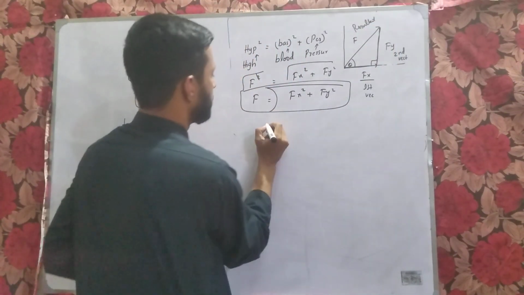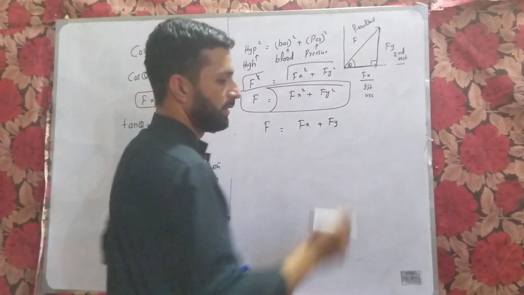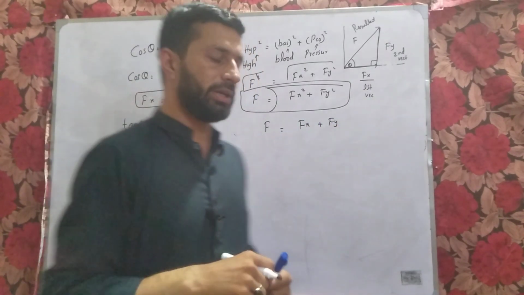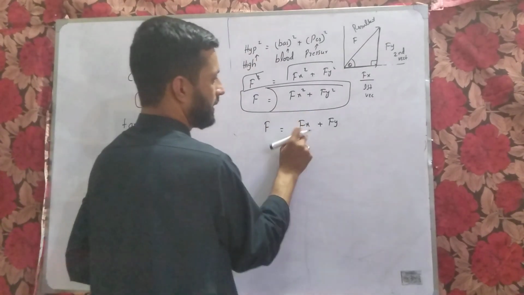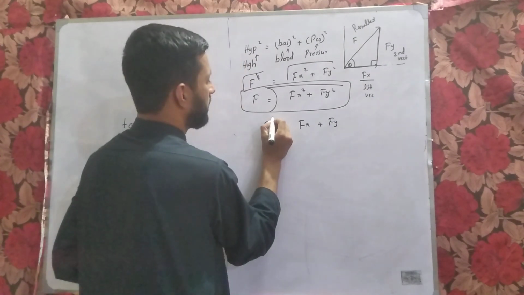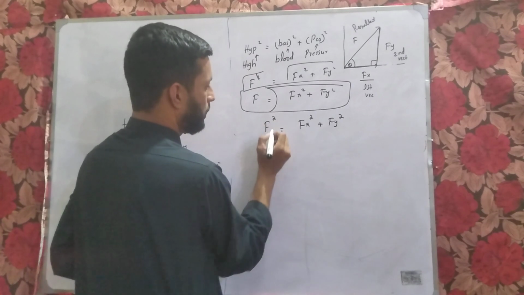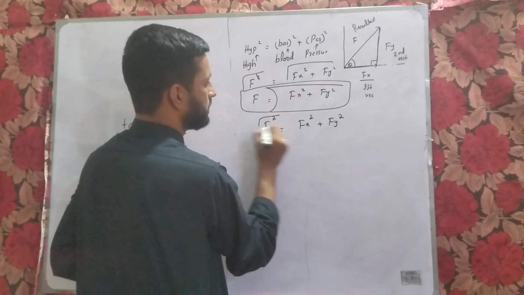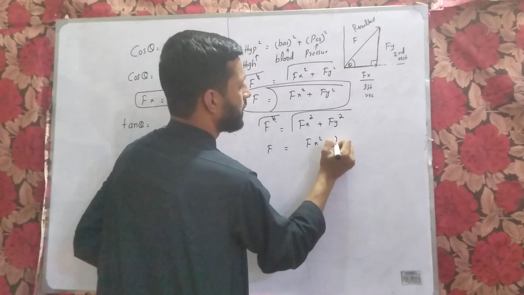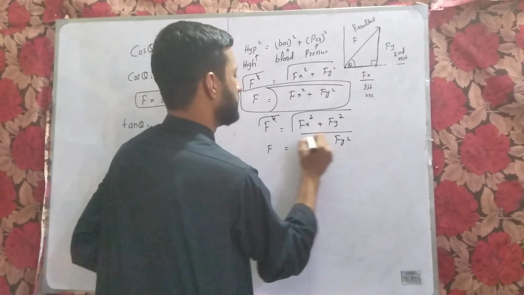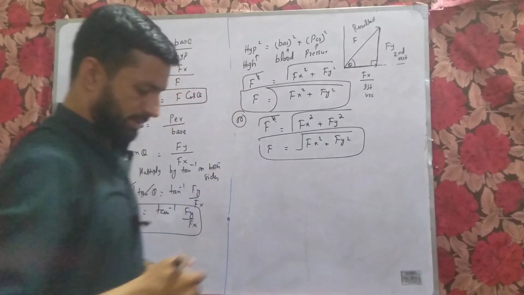So f is equal to fx plus fy by the head to tail rule of vector addition. Now we square all terms, so f square equals fx square plus fy square, and taking the square root, f is equal to the square root of fx square plus fy square. So this can also be found by this method.